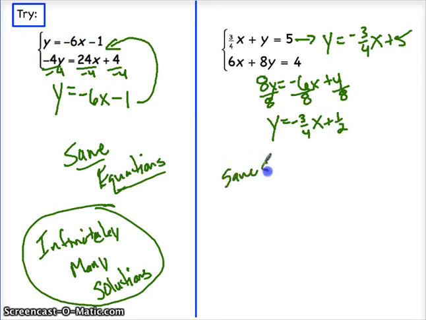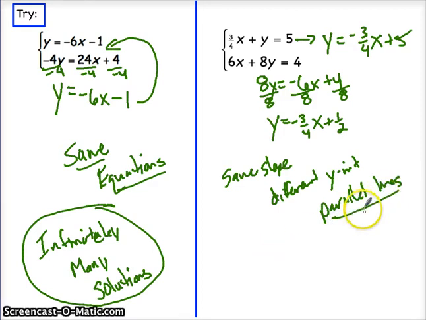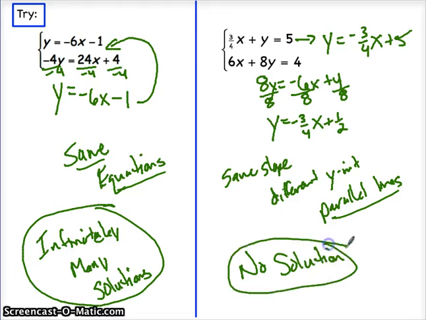Again, same slope, different y-intercepts, which means parallel. Therefore, if they're parallel, there's no solution. They are not going to cross.